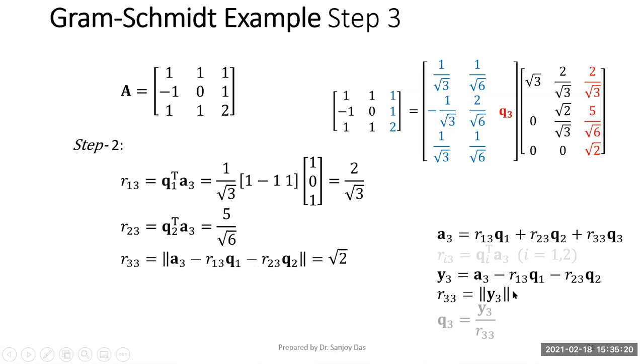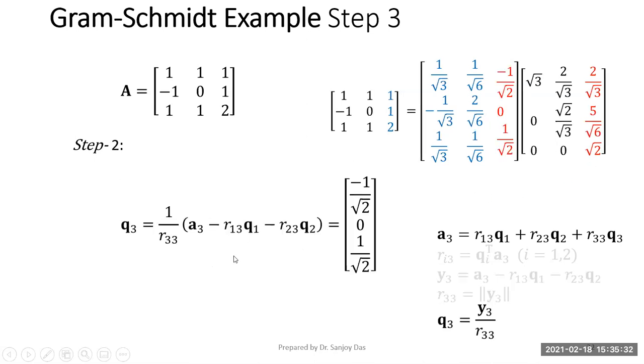So this is my Y3 here. And so take the L2 norm of that, gives me R33. Where's R33? Oh, this one. And 1 over R33 times Y3 will give me this. Okay, so this is the QR decomposition of this simple 3x3 matrix A.